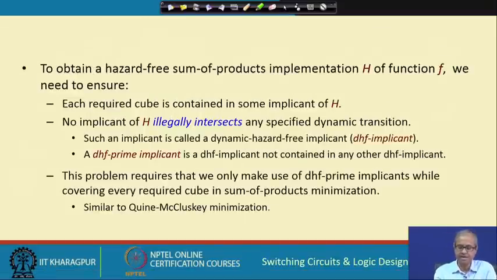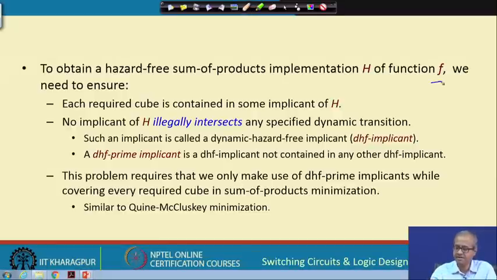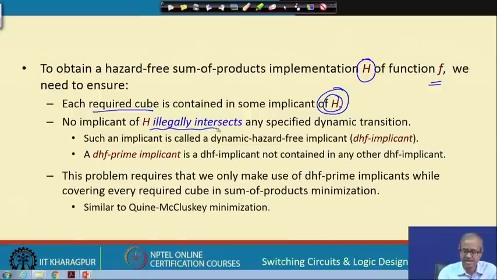So, to obtain a hazard free implementation of a function f, let us say the hazard free implementation we call h, the condition is that each required cube must be contained in some of the implicants of this hazard free implementation. No implicant of h must illegally intersect the dynamic transitions.